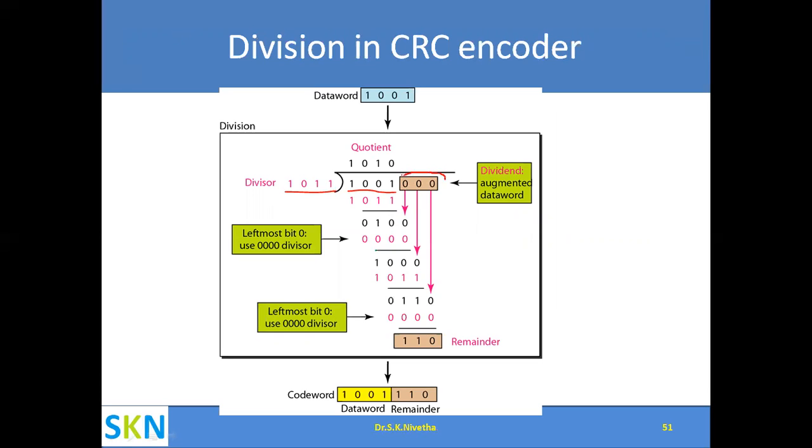So 3 zeros we are adding, which is one size less than this divisor. And we calculate the remainder by applying binary division. This remainder is added along with the data word, which gives the code word. So this remainder is called the CRC code.